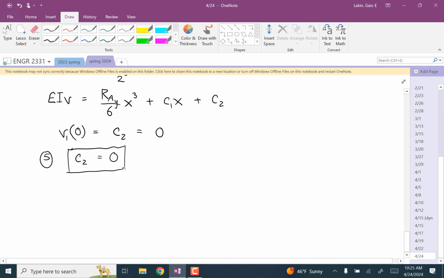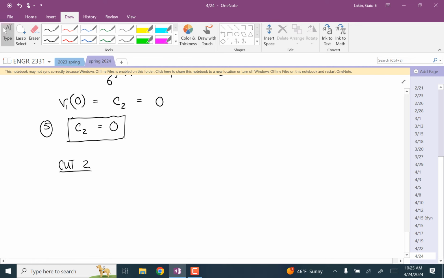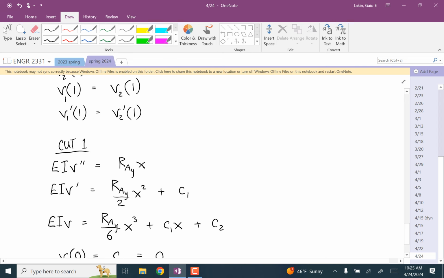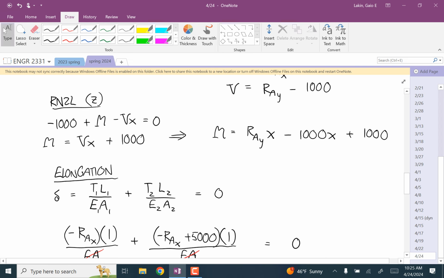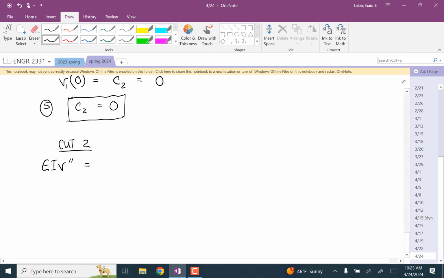And now we'll go to cut 2. We have that EIV double prime is equal to our bending moment function, which is this one. So that's RAY times X minus 1,000 X plus 1,000.